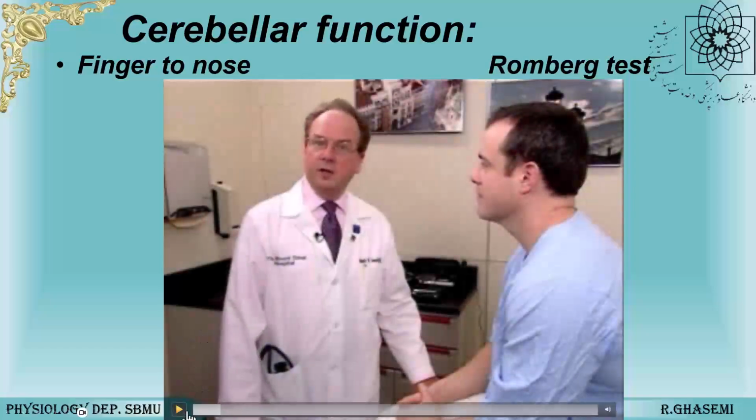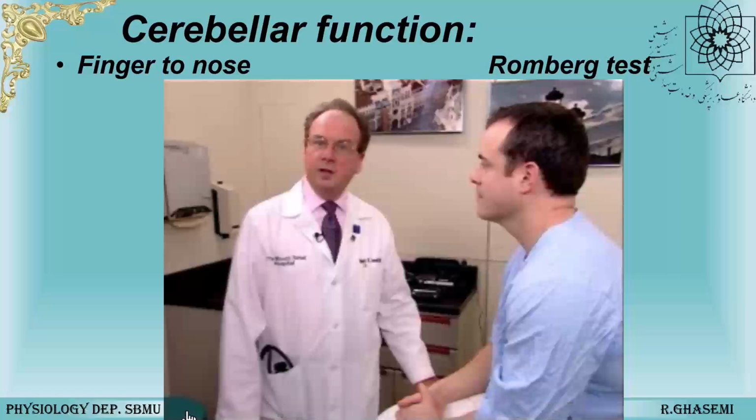In the finger to nose test, we are evaluating the timing function of the cerebellum, to evaluate if the cerebellum is able to help the patient to learn the localization of the target and control the movement according to the information that it receives from the joints and the angle of the joints. And we do the test like this.